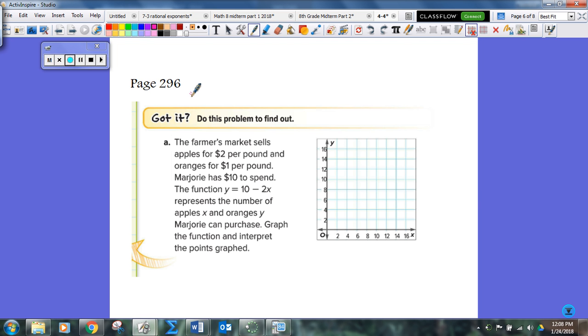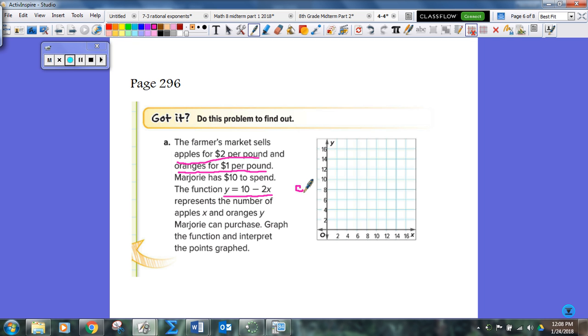Hi, welcome back. So the farmer market sells apples for $2 per pound and oranges at $1 per pound. Marjorie has $10 to spend. So here's her equation. Y equals 10 minus 2x. Represents the number of apples and oranges.